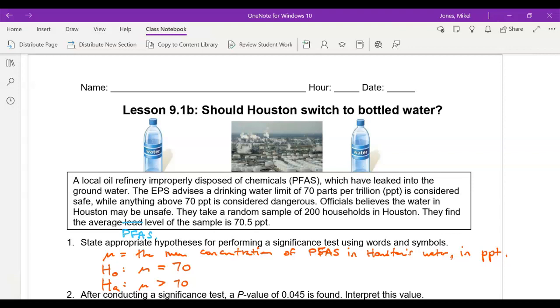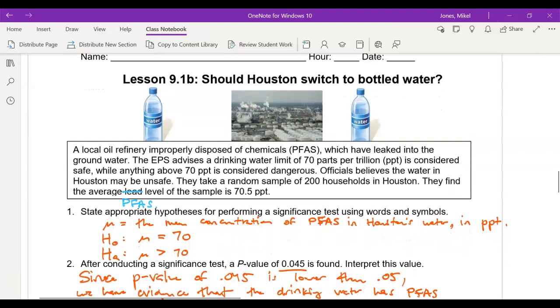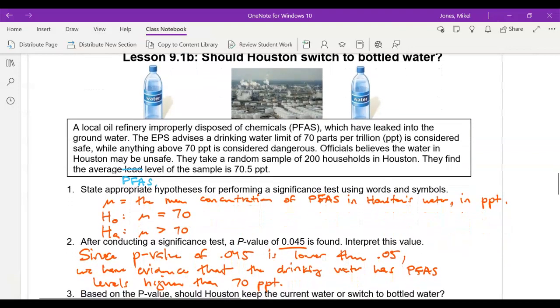After conducting a significance test, a p-value of 0.045 is found. Interpret this value. Since the p-value of 0.045 is lower than any alpha level that we would generally choose, which is 5% or 10%, we do have evidence that the drinking water has PFAS levels higher than 70 parts per trillion.